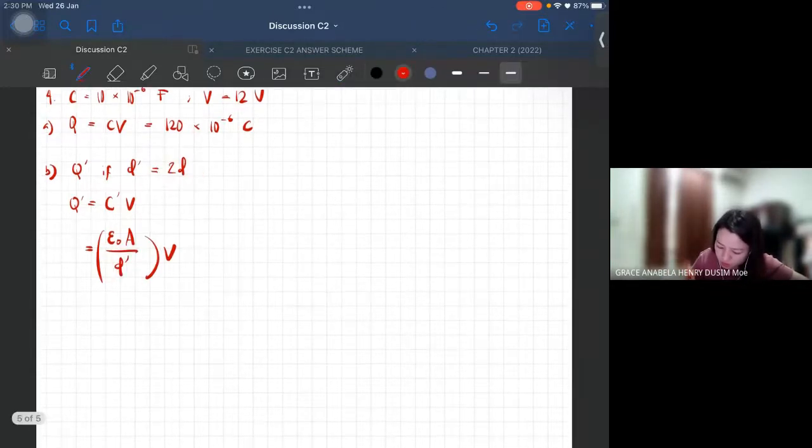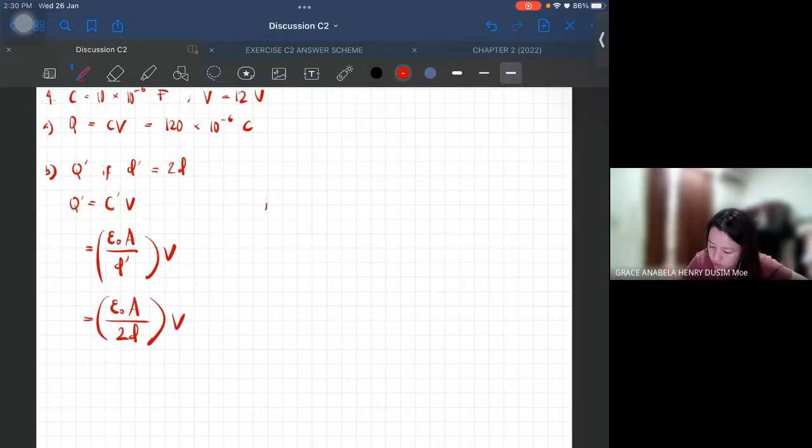The original capacitance is epsilon naught A over D, equal to 10 times 10 negative 6.